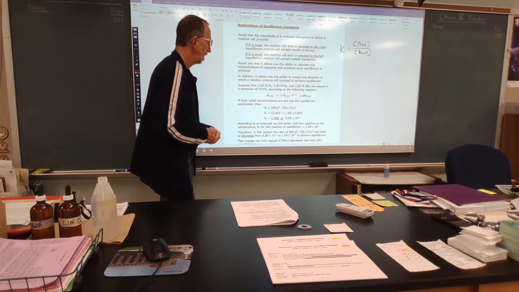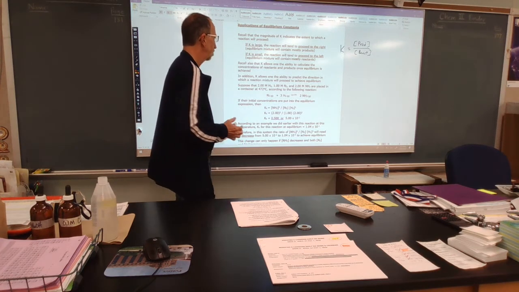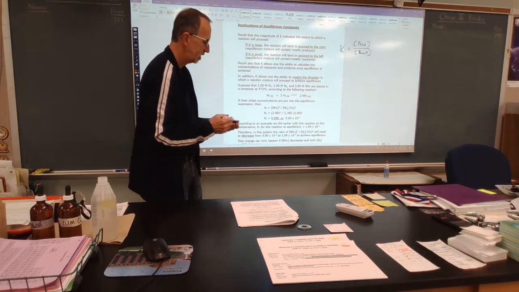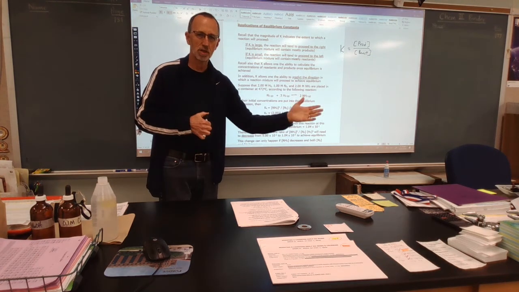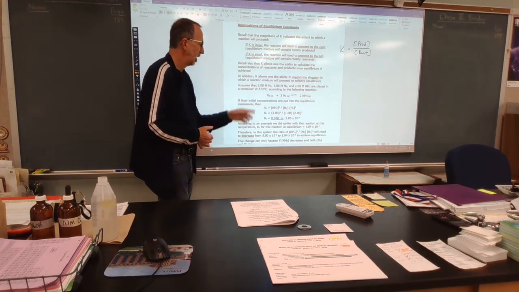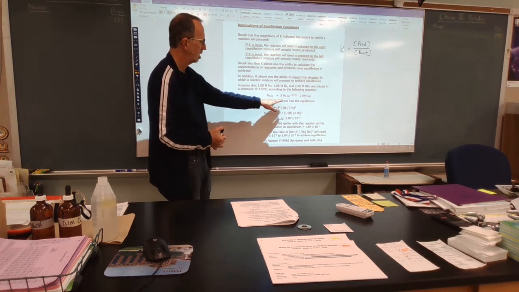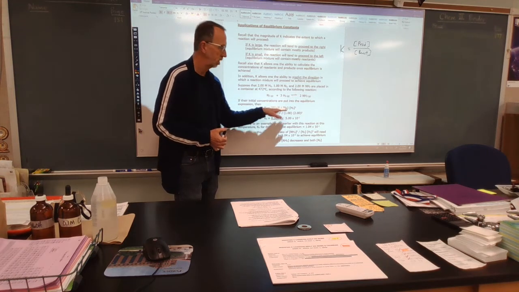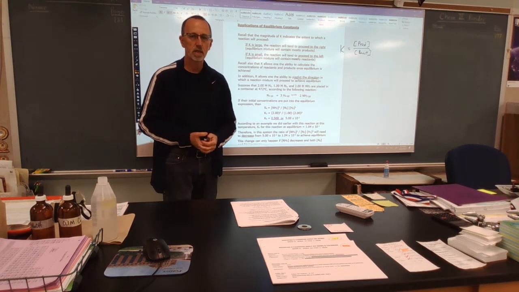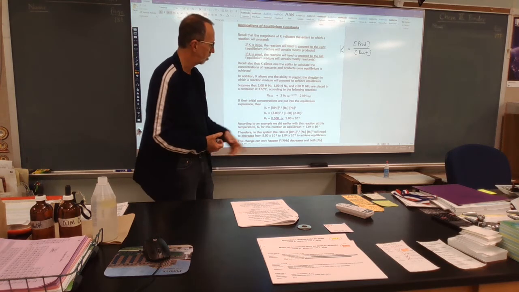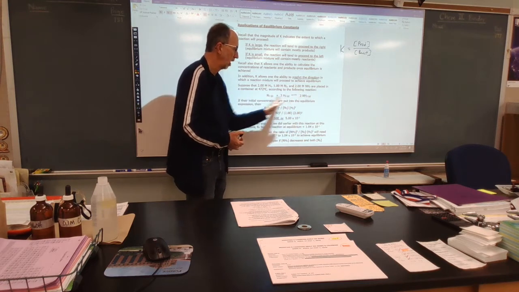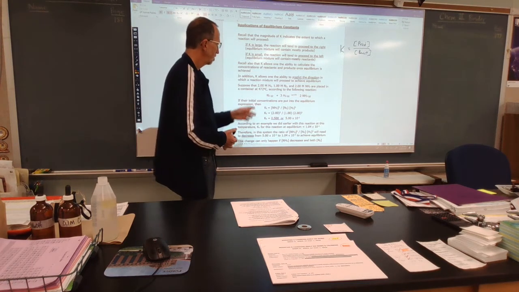In addition, K allows one the ability to predict the direction in which a reaction mixture will proceed from initial conditions to equilibrium. Suppose that we have this reaction here, the synthesis of ammonia from nitrogen and hydrogen. Have this in an enclosed container, with equilibrium going on in the forward and the reverse reaction.